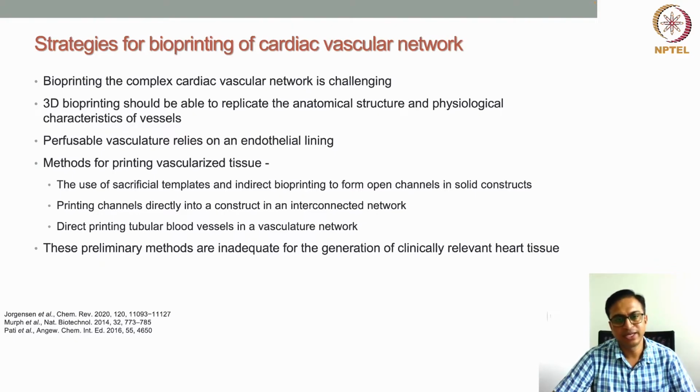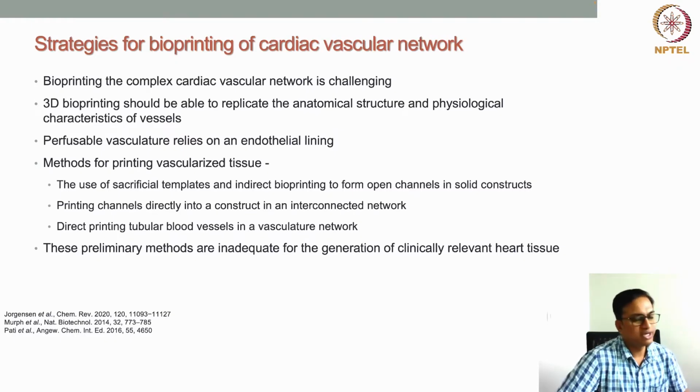The other thing is, when we use bioprinting for replicating or fabricating any part of the heart, any anatomical structure, and we try to print it with blood vessels, a vascularized muscle, suppose a vascular heart muscle, then replication of that particular anatomical structure and the physical characteristics of the blood vessels are very important, so that we can generate an artificial heart, or a part of it, that has the required function, right?